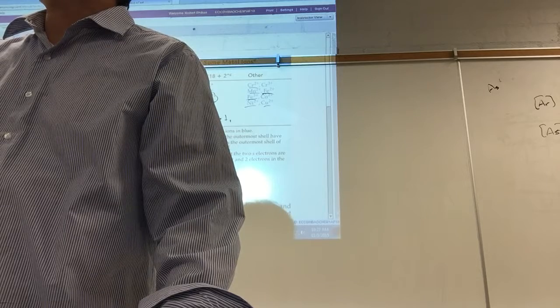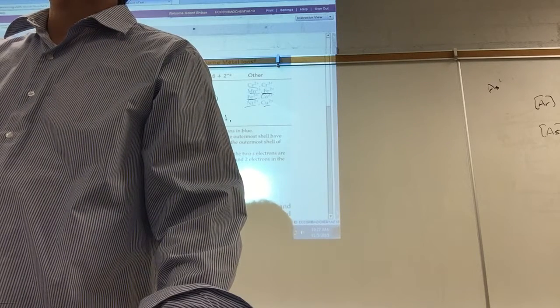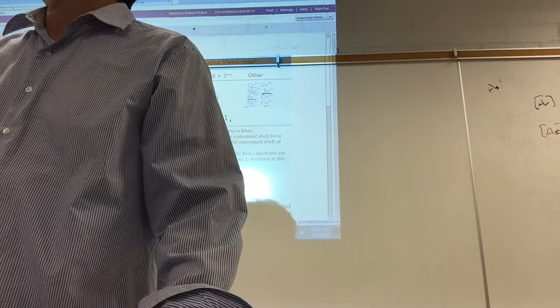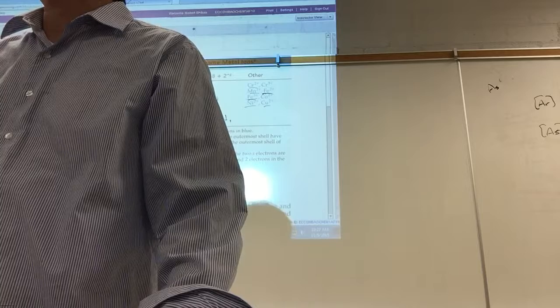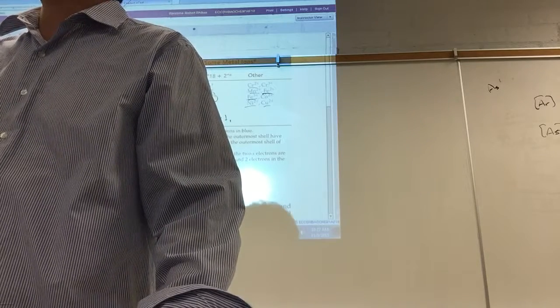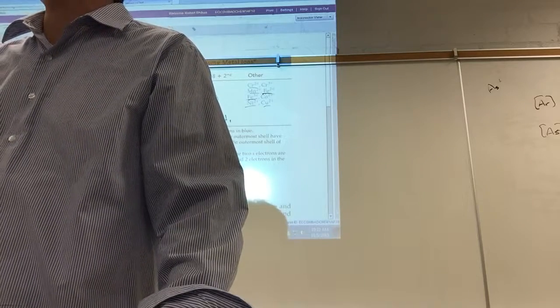What do you think the common charges for thallium are? Plus 2? Why plus 2? You guessed or you had it memorized? Well, it's wrong, but if you knew the 18 plus 2 rule, you'd be able to get it.